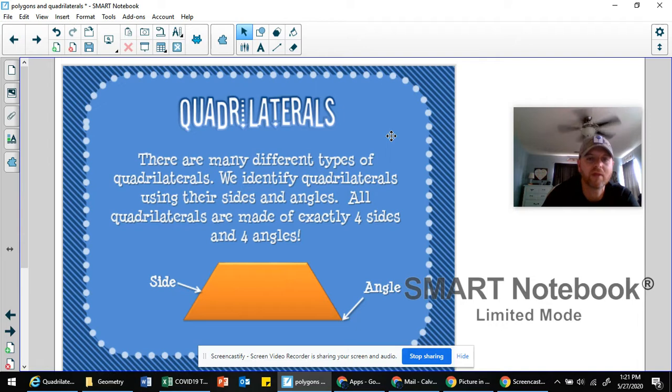All quadrilaterals are made of exactly four sides and exactly four angles. So here's an example of a shape that falls under that category. We have 1, 2, 3, 4 sides, and then your four angles. Here's angle 1, angle 2, angle 3, and angle 4. So this is a polygon, but as we narrow it down, this is a special polygon known as a quadrilateral because it's made up of exactly four sides and four angles.